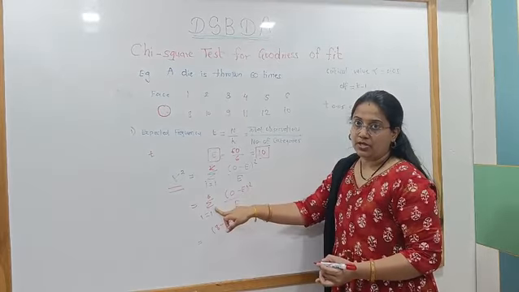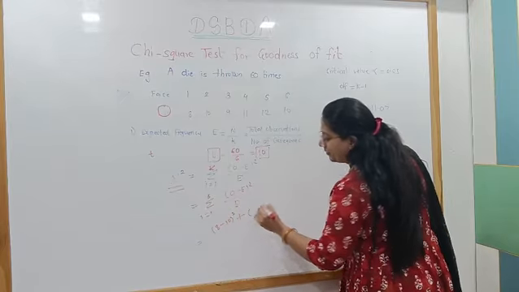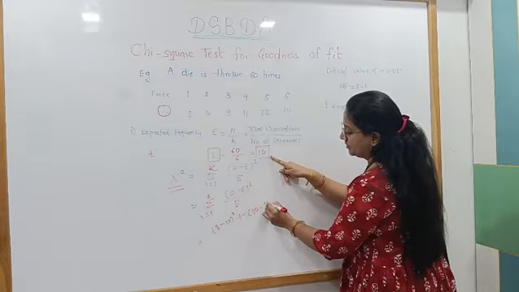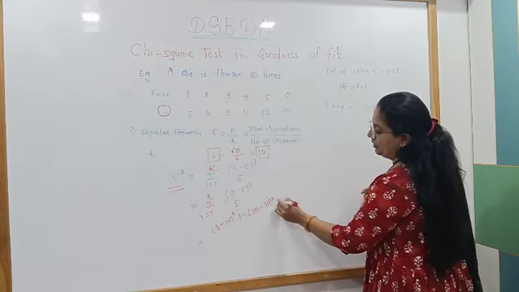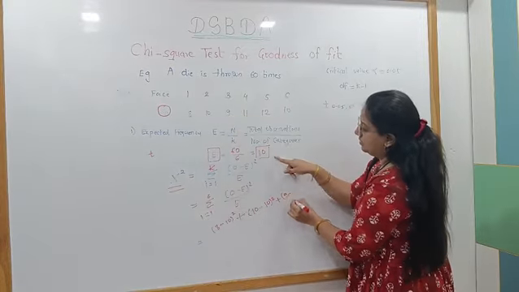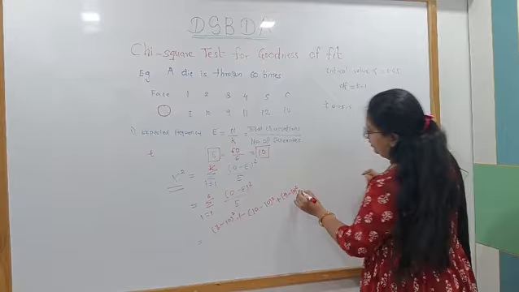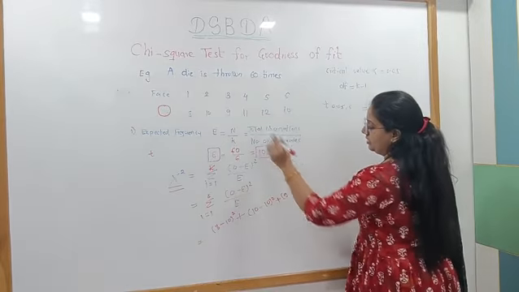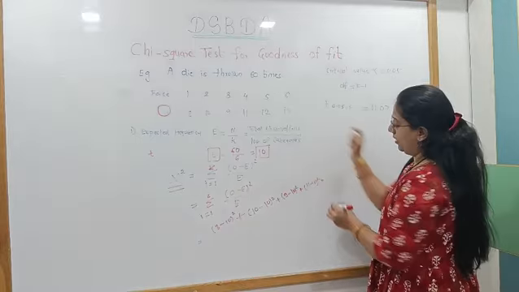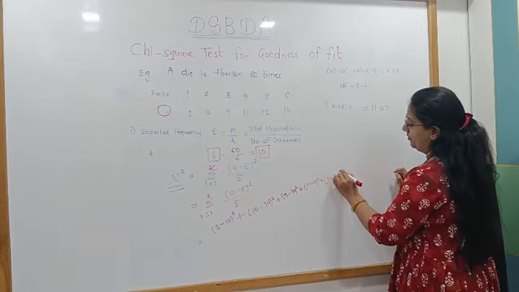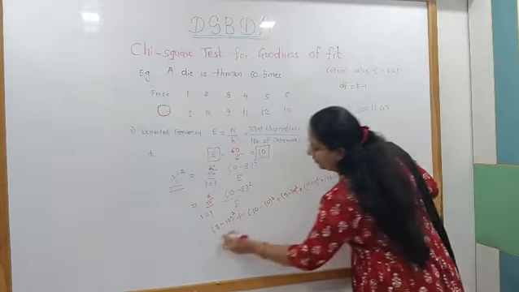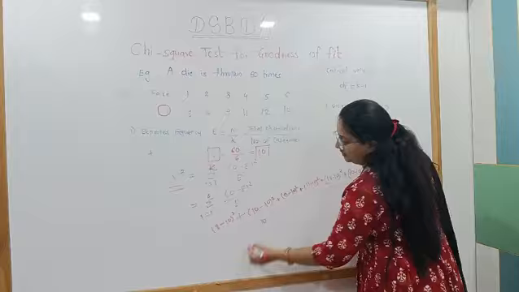Here I will make a summation, so I will add one by one. The next value is 10 minus 10 bracket squared, plus 9 minus 10 bracket squared, plus 11 minus 10 bracket squared, plus 12 minus 10 bracket squared, plus 10 minus 10 bracket squared, all divided by the expected frequency, that is 10.